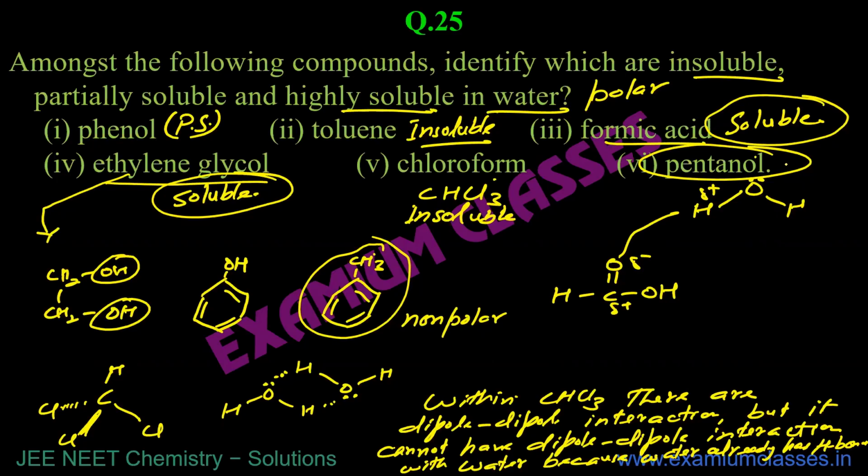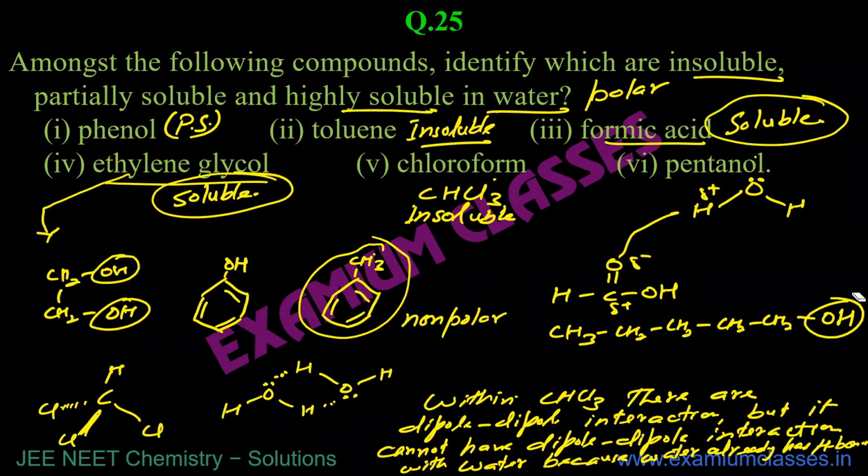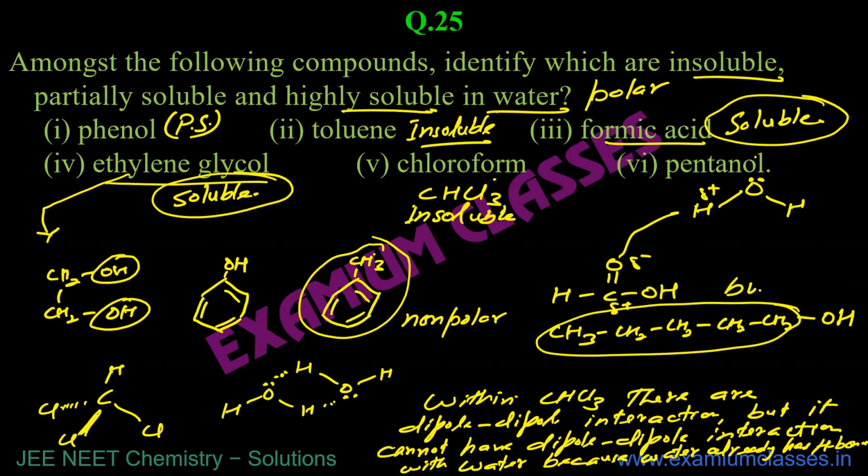You remember when I explained the first one, I said hindrance. So if there is OH, there will be hydrogen bonding. Remember in pentanol, you have hydrogen bonding because it is CH3, CH2, CH2, CH2, CH2, OH. So there will be hydrogen bonding of this alcohol and water, but because this is a bulky group, the water molecule cannot come very close to this OH.